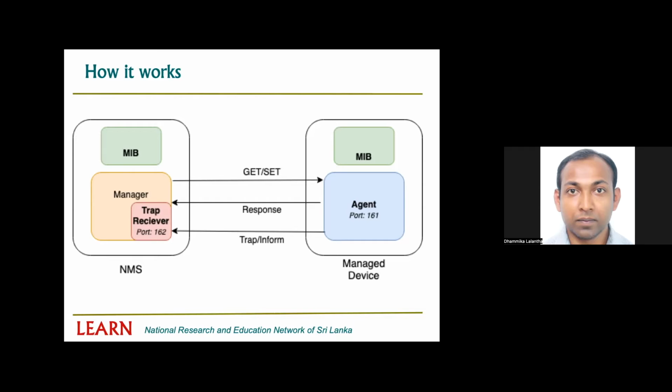We don't use the numbers, because even though computers can manipulate numbers, people can't remember them. It is easy to remember the names. That's why we keep the MIB on the client side, and client side means actually the manager. We can also compare this to a client-server model. Actually, this is a client-server model. The client requests information and the server provides information.